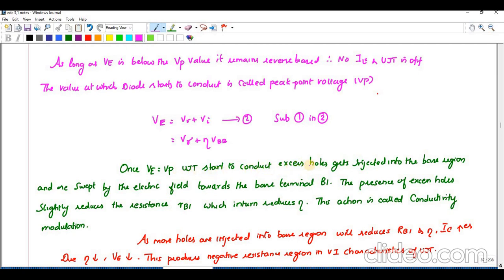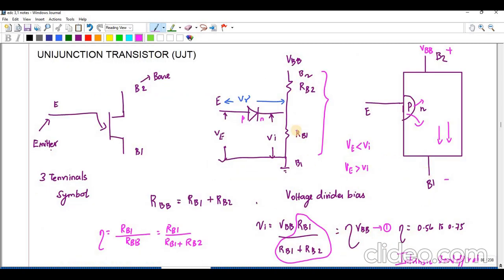Then the excess holes get injected into the base region and are swept by the electric field towards the base terminal B1. The presence of this excess hole will definitely reduce the value of this resistance, thereby more current will flow in this direction. So the current is increasing, resistance is decreasing, thereby the voltage is also decreasing. So this region is called the negative resistance region.